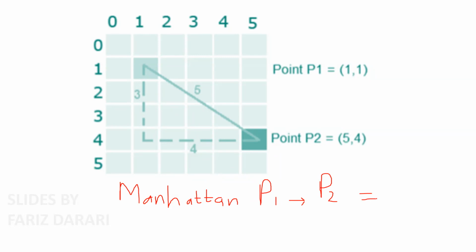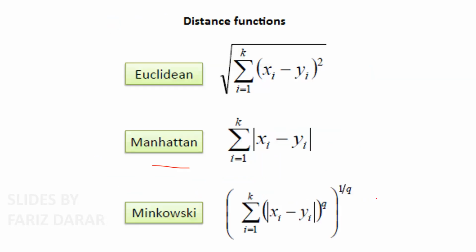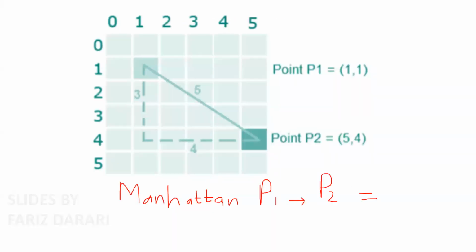You should know. We have this formula, right? So what's the Manhattan distance between point P1 and point P2? Let us know. You just need to add this and that. Let's see.